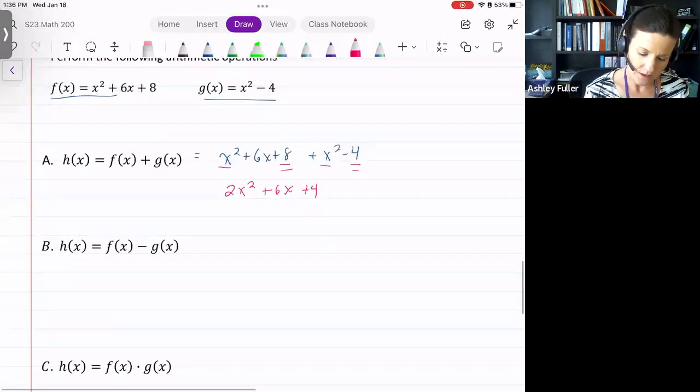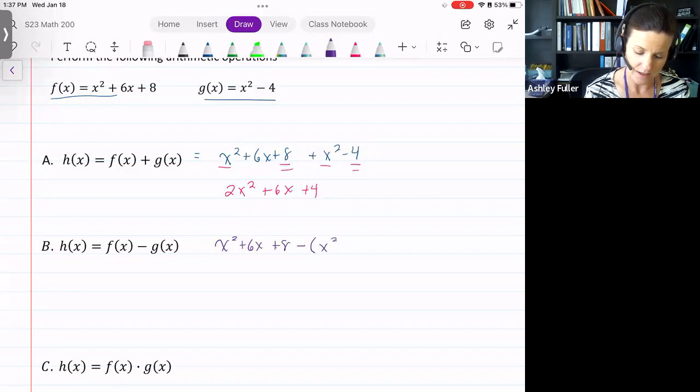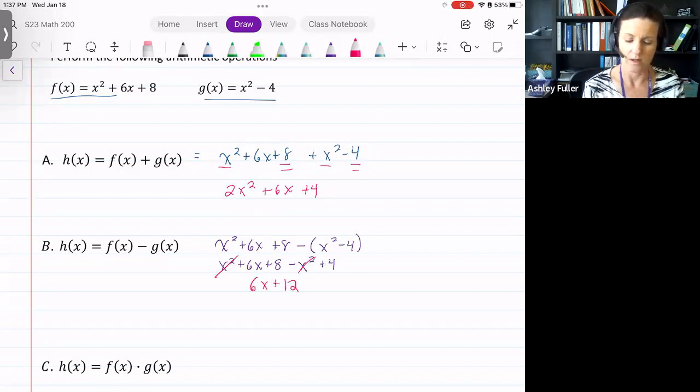For subtraction, don't forget to pay attention to that negative. We have x squared plus 6x plus 8 minus, we have to add the parentheses, minus x squared minus 4. When we distribute that negative sign, it results in minus x squared plus 4. Note these terms cancel, and we're left with 6x plus 12.